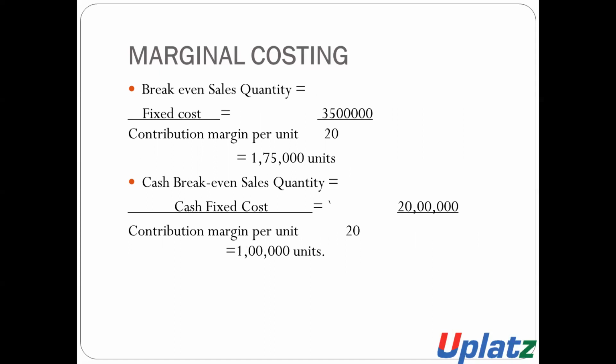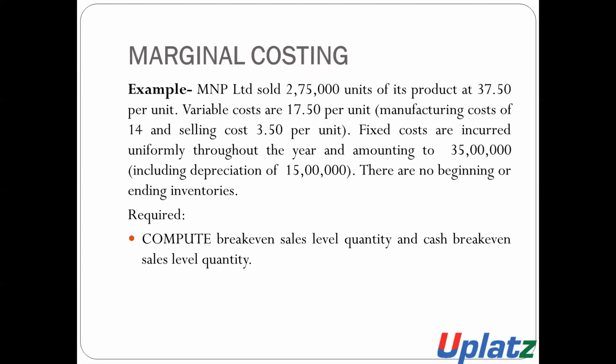First we will calculate the break-even point. Break-even point is equal to total fixed cost divided by contribution margin per unit. The total fixed cost is 35 lakhs and the contribution per unit is 20 rupees. How?